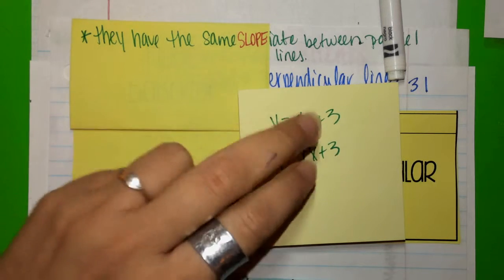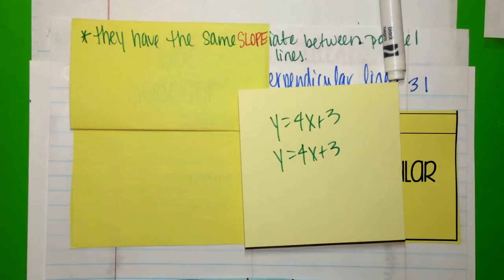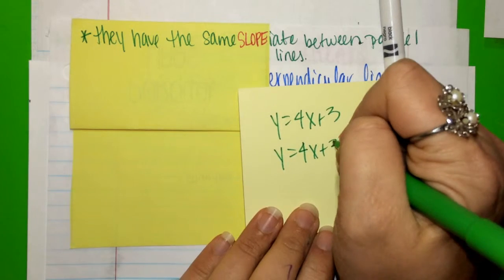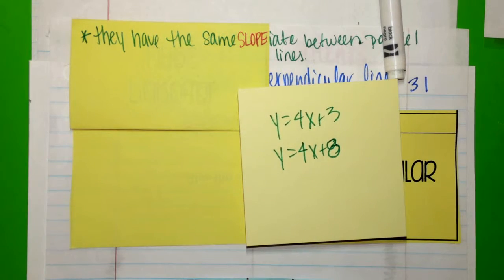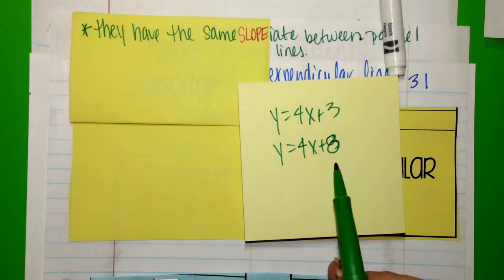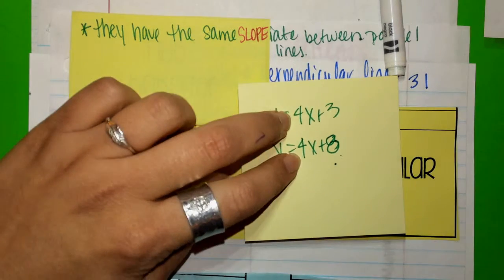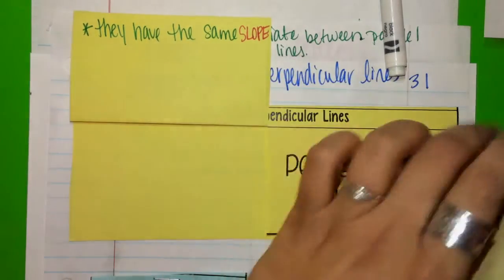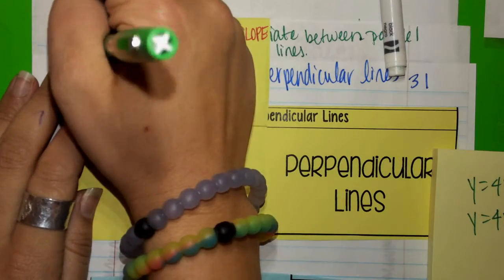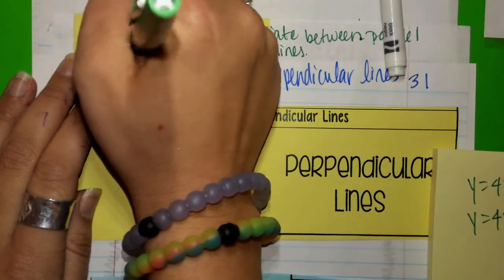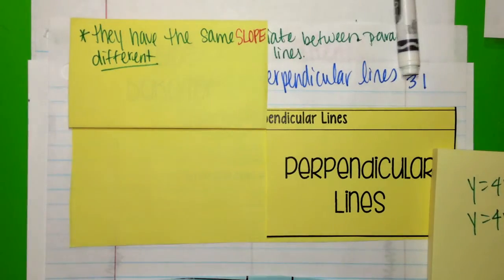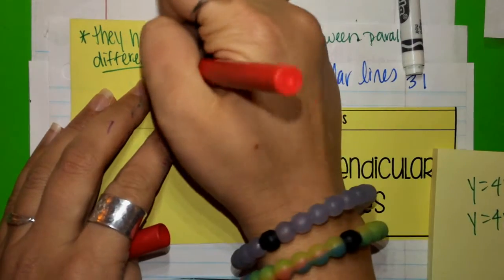The slope. So what do we have to change? The y-intercept. So this would have to be different. If we said y equals 4x plus 3 and y equals 4x plus 8, those would be parallel lines. They have the same slope, different y-intercept.